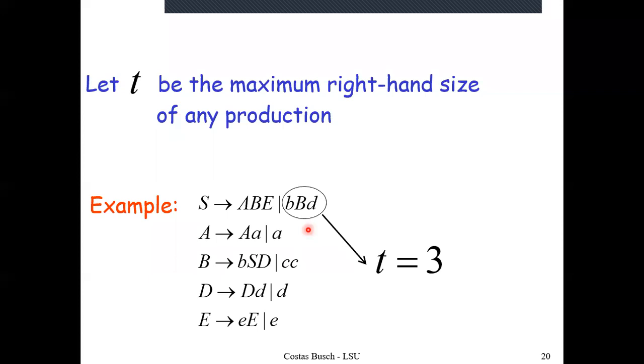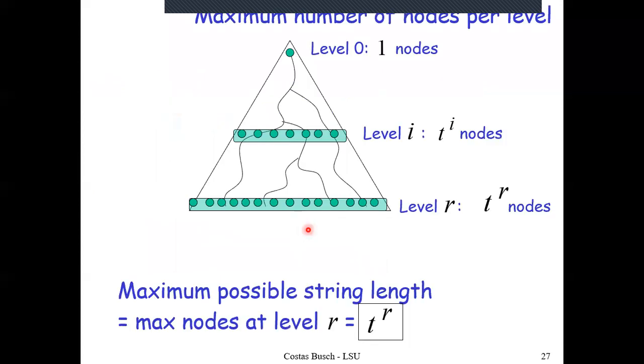So there is a relationship between these two quantities, the height of the tree and the length of the string produced by that tree. So consider this diagram. Suppose I have some grammar, and the maximum length of any production of that grammar is t.